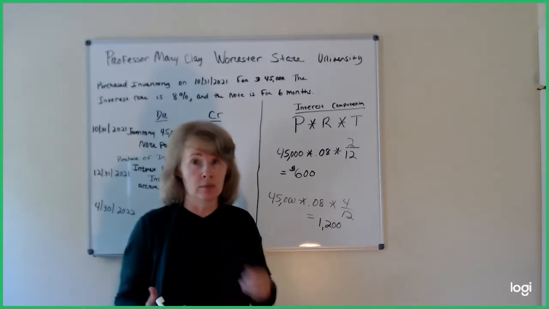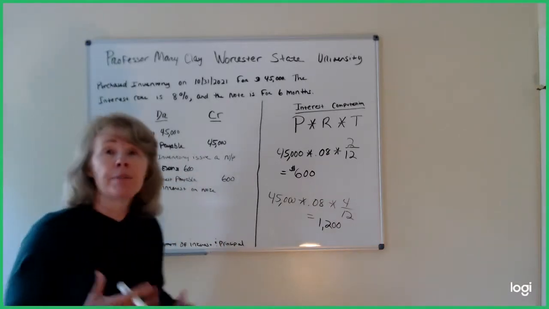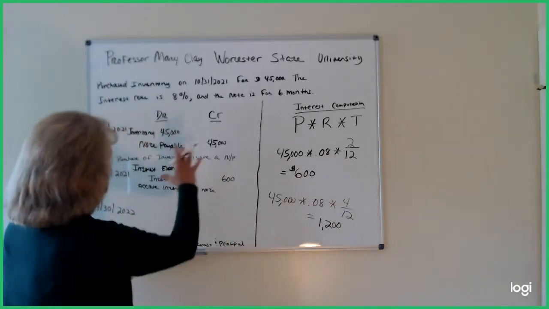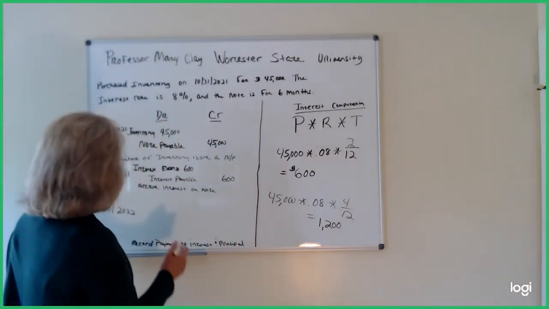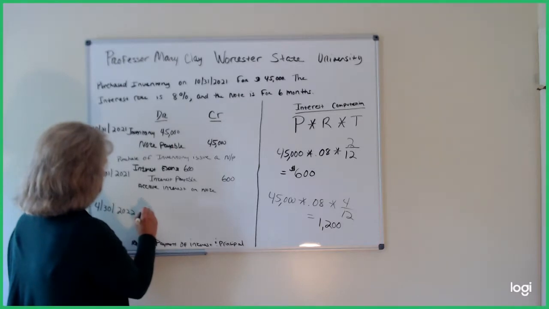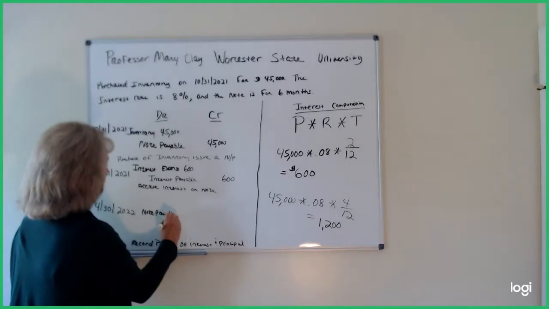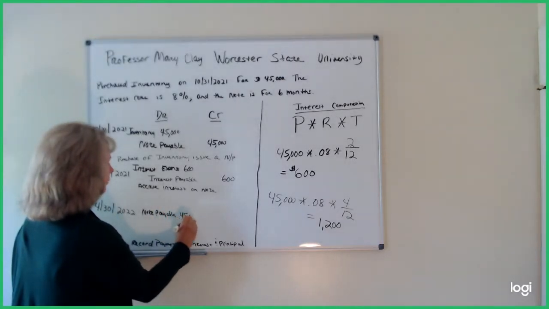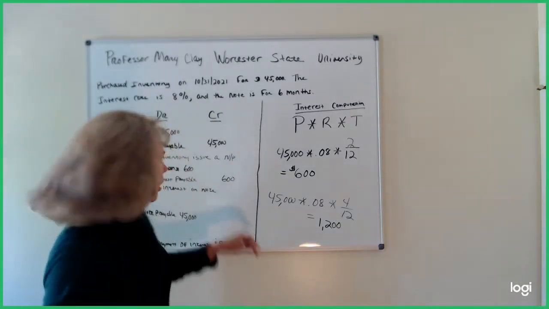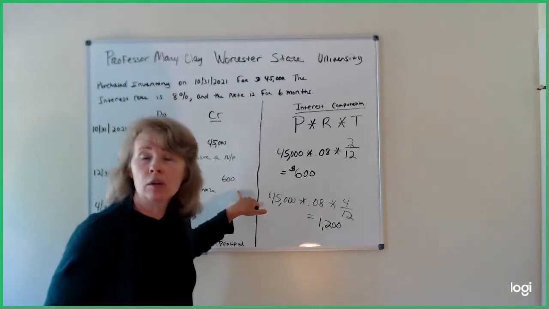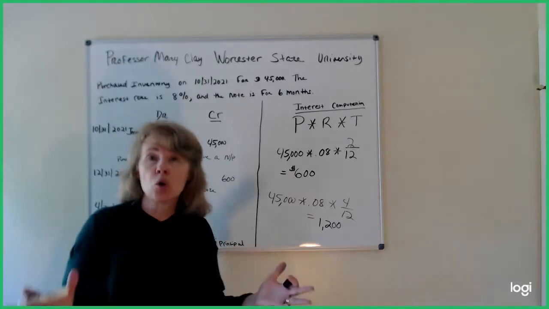Don't double count. Let me show you what you do. So now we're going to finally pay off on this note. So we go back to our note payable. We're going to take that off the books. So I debit note payable $45,000. Second thing, I'm now paying this interest. So I'm going to take my accrual that I've already recognized off the books because I'm going to pay this total interest.